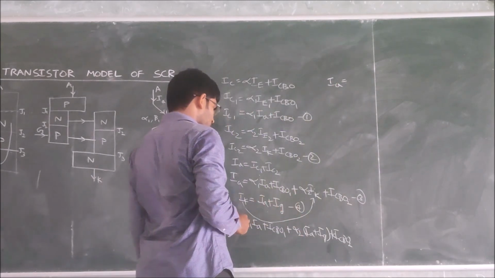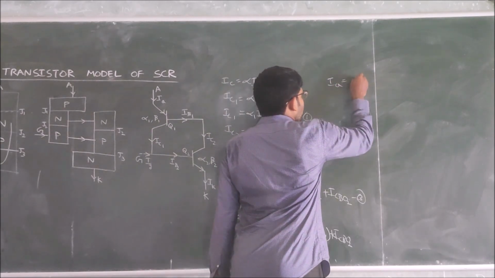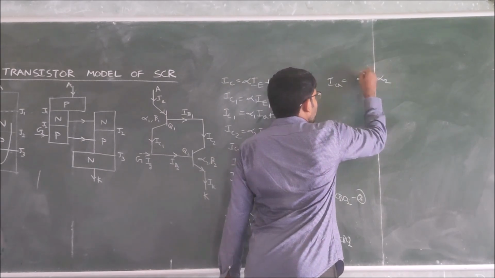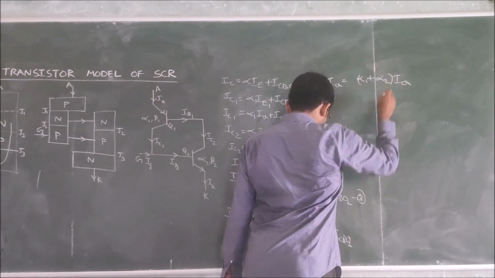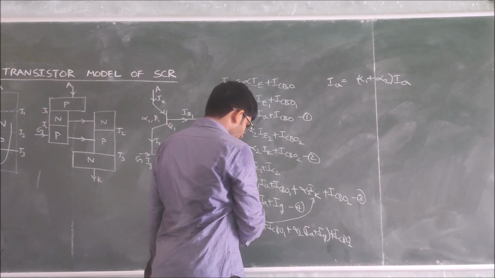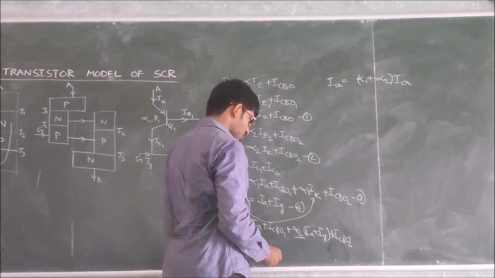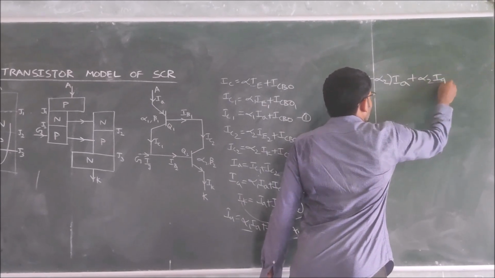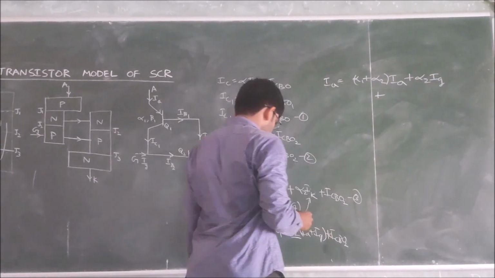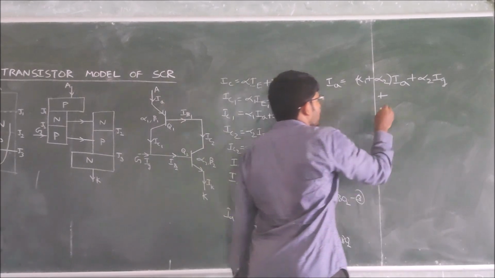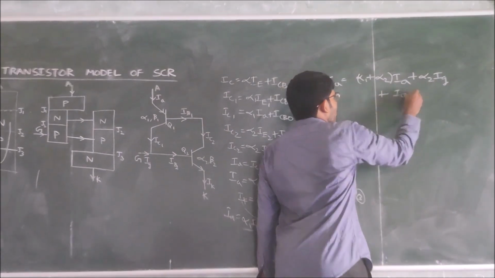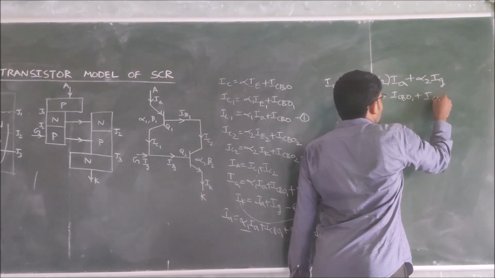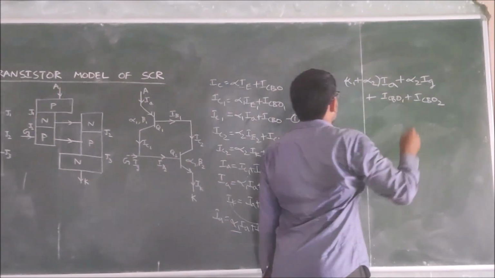Now, taking IA common, IA is equal to (alpha 1 plus alpha 2) into IA, where this is alpha 1 and this is alpha 2, plus alpha 2 IG plus ICBO1 plus ICBO2.